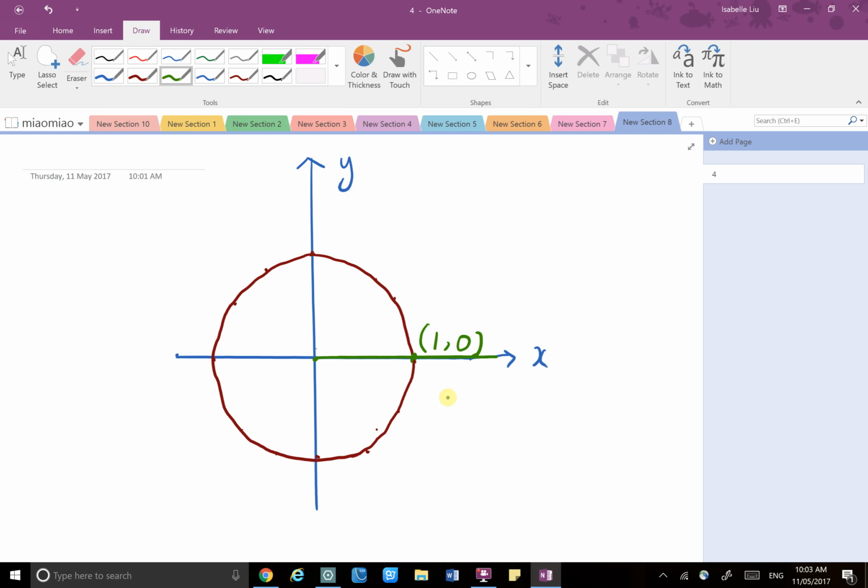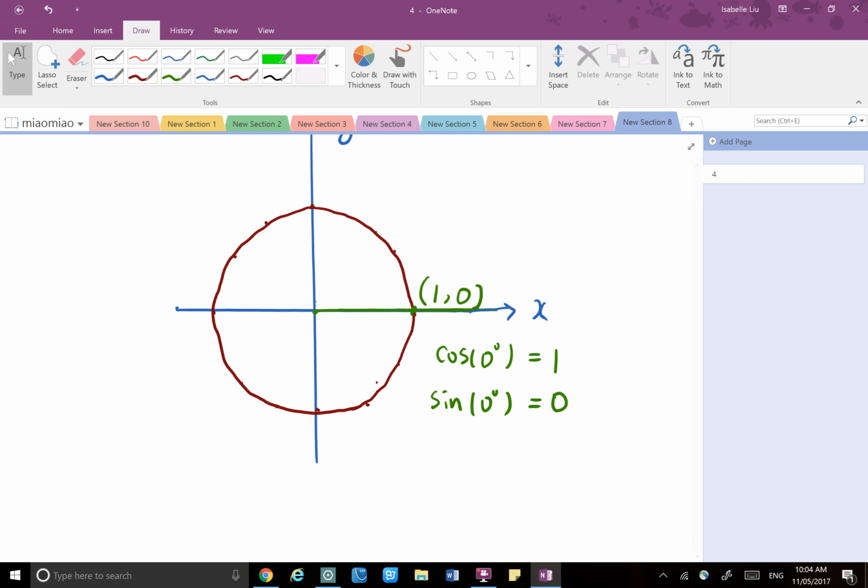X. So cosine 0 degrees will be 1 and sine 0 degrees will be 0. And what is tangent 0 degrees? 0 divided by 1, which is 0. So sine 0 equals 0, cosine 0 equals 1, and tangent 0 equals 0. That's how you find the values on the x-axis.